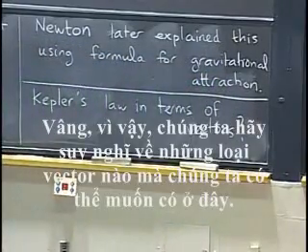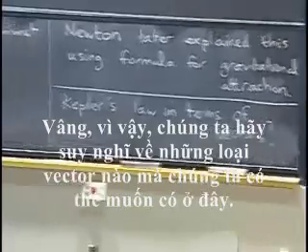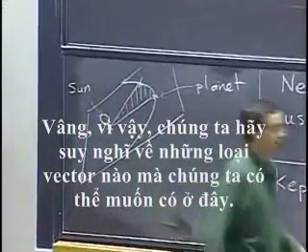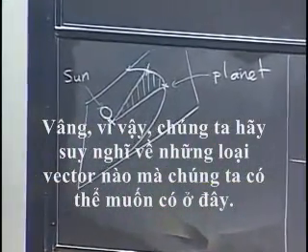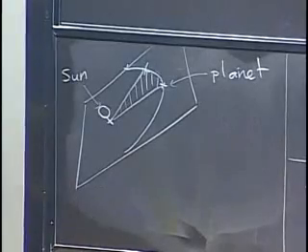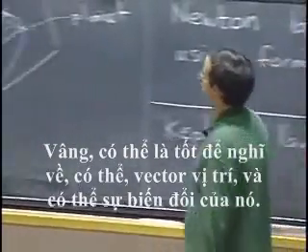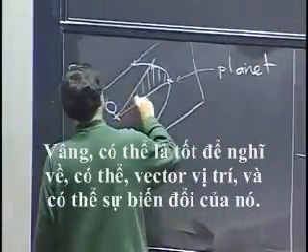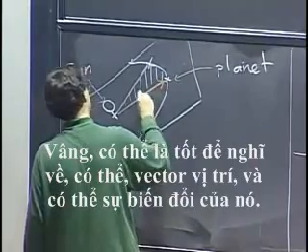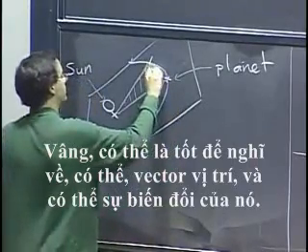Okay, so let's think of what kinds of vectors we might want to have in here. Well, it might be good to think of maybe the position vector and maybe its variation.